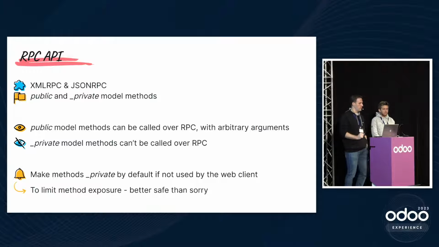That's just a good best practice. And only when you think, okay, I need to call this method from a button in the UI or through an RPC call, then I will make it public, so I will remove the underscore, and that makes it accessible through the RPC API.